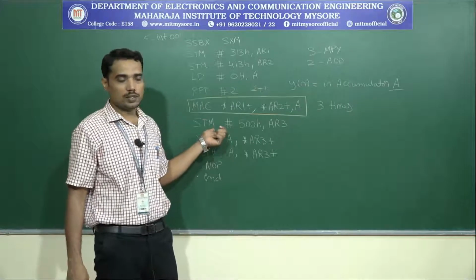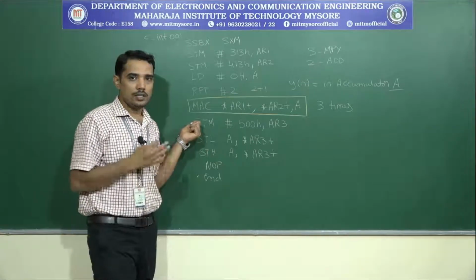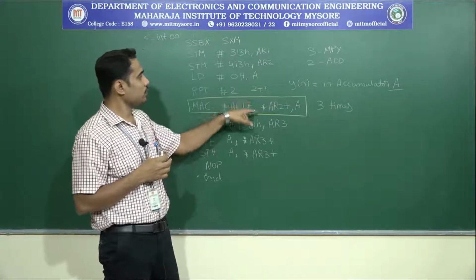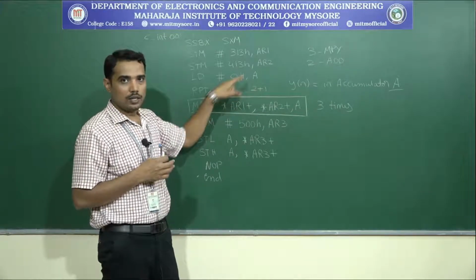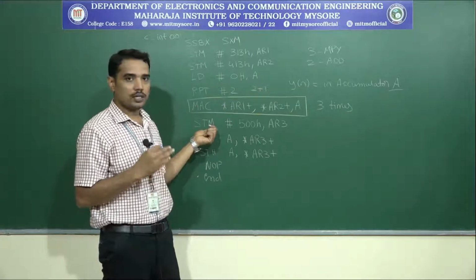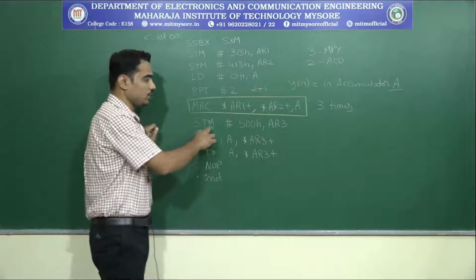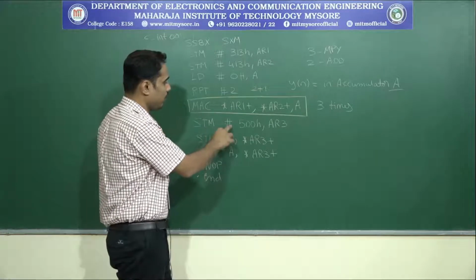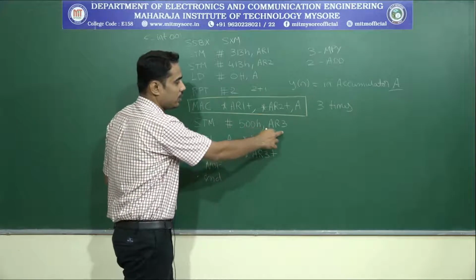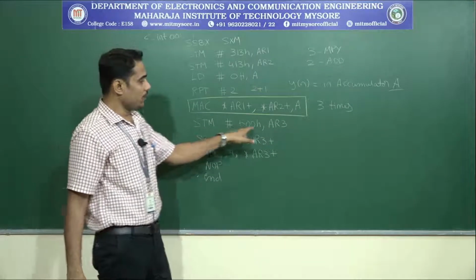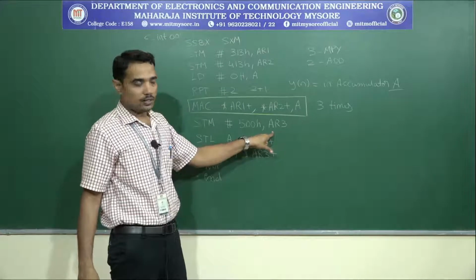In this case, you can see that we are deviating from the memory location followed with respect to AR2. We are interested in storing the result in a separate memory location. For that purpose, I am making use of this instruction, that is STM #500H, AR3. Here I am storing immediate value 500 to the auxiliary register AR3.